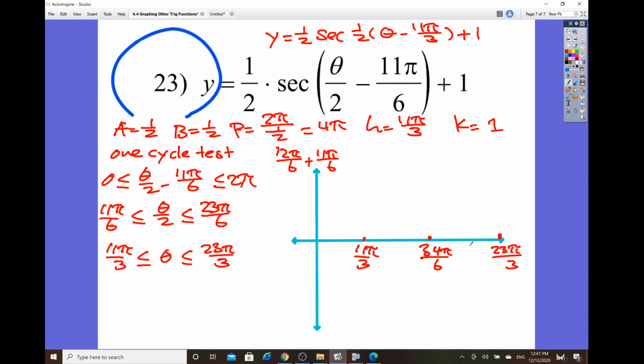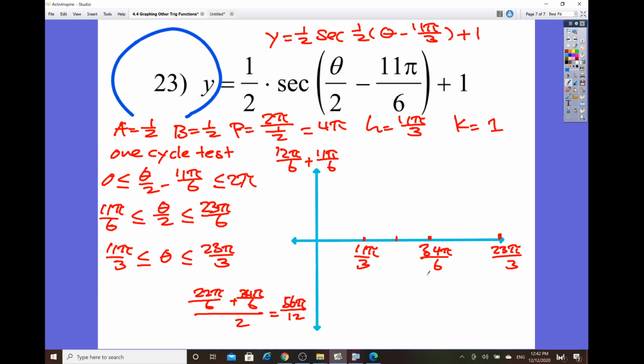Okay, so now let's see what else. Half of the distance right in between. So this one multiplied by 2 top and bottom, 22 pi over 6, plus 34 pi over 6 divided by 2. Then that would be 56 pi over 12. Yeah, certainly you can reduce.